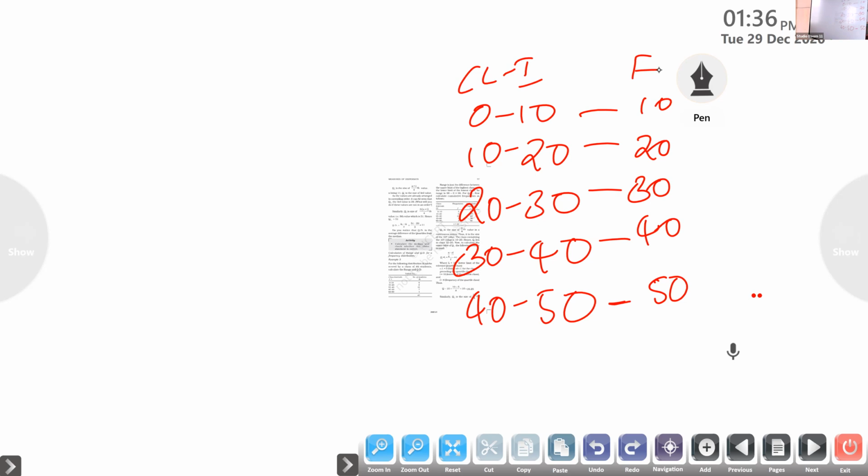Frequencies are 10, 20, 30, 40, 50. Simple calculation. Complete it fast.